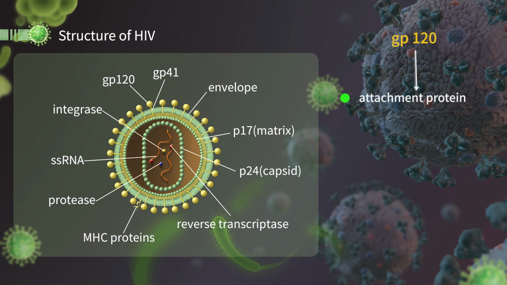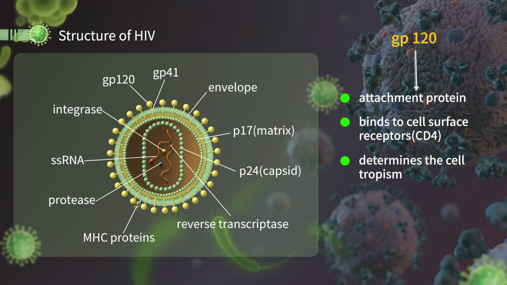The subunit GP120 is the attachment protein responsible for binding to the host cell receptor's CD4 molecule. It can also trigger the production of neutralizing antibody. The GP120 is extensively glycosylated and variable, so that it causes antigenic drift.